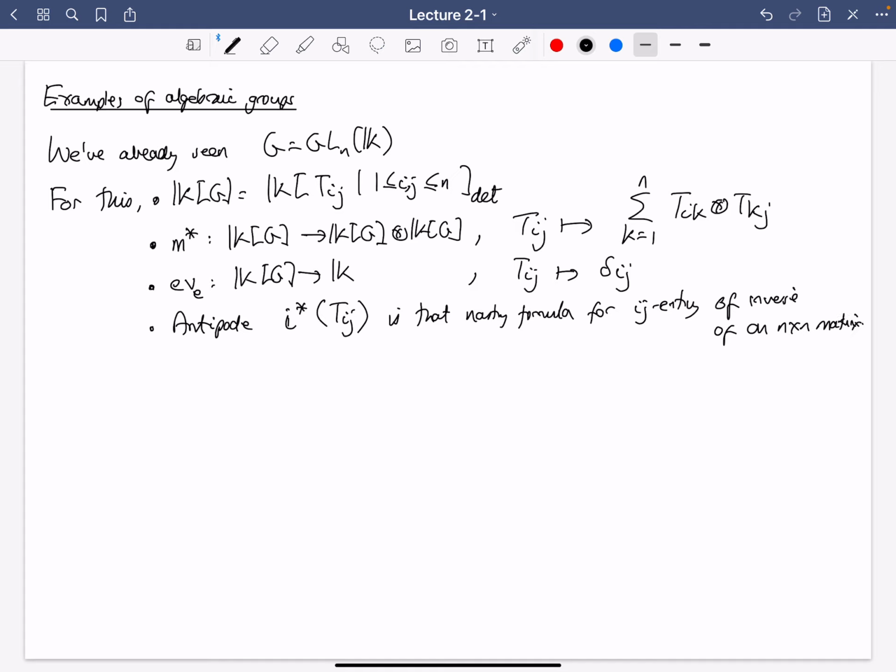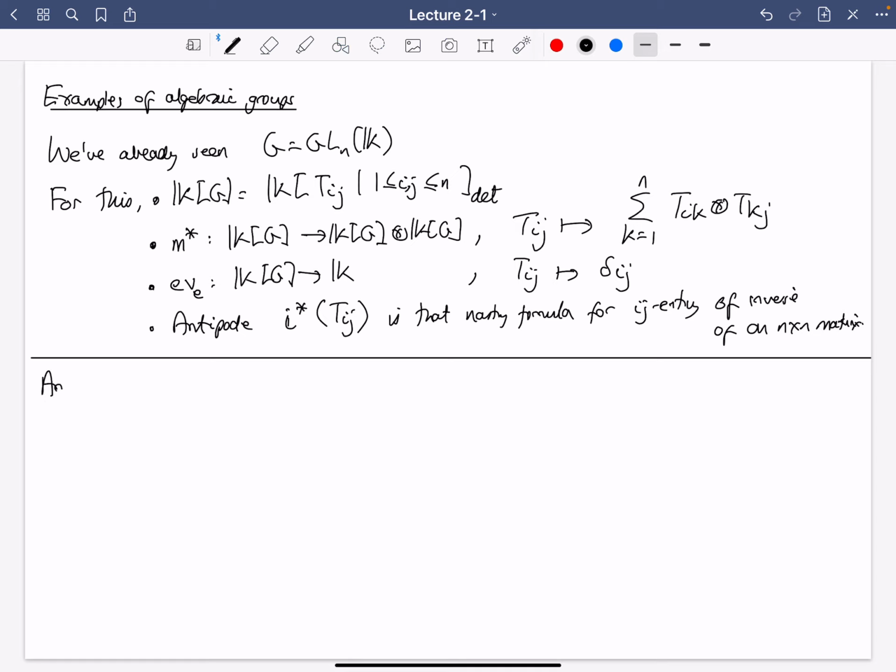If you write that in terms of the tij's and 1 over determinant, that'll be the image of this tij under this antipode. So it's quite explicit. You see exactly this coordinate algebra in this case, and you can explicitly see what the Hopf algebra structure looks like. Okay, so that's one example.